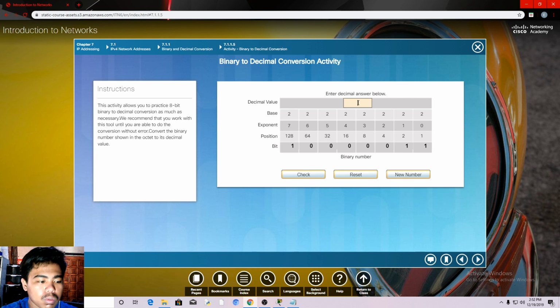For finding the decimal value of a binary, you should know how to read its binary form.